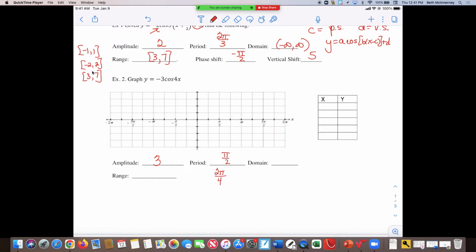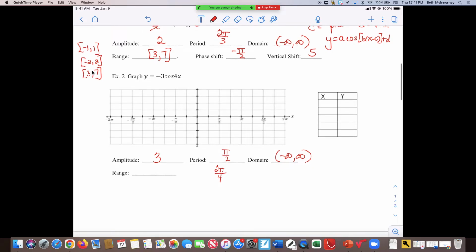Then Davy, what would be the domain? All right, and then Zoe, let's try and see if we can figure this one out together. If I start with negative 1 to 1 and you multiply by the amplitude, what would the range be? Yeah, and you notice there's no phase shift or vertical shift.